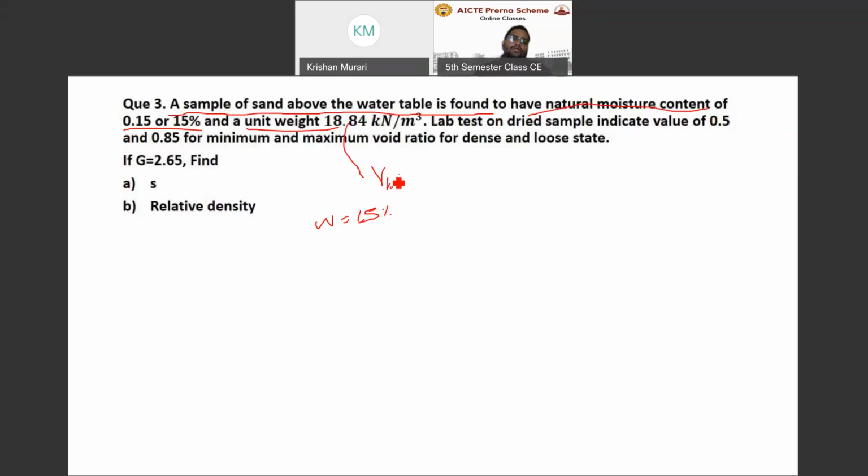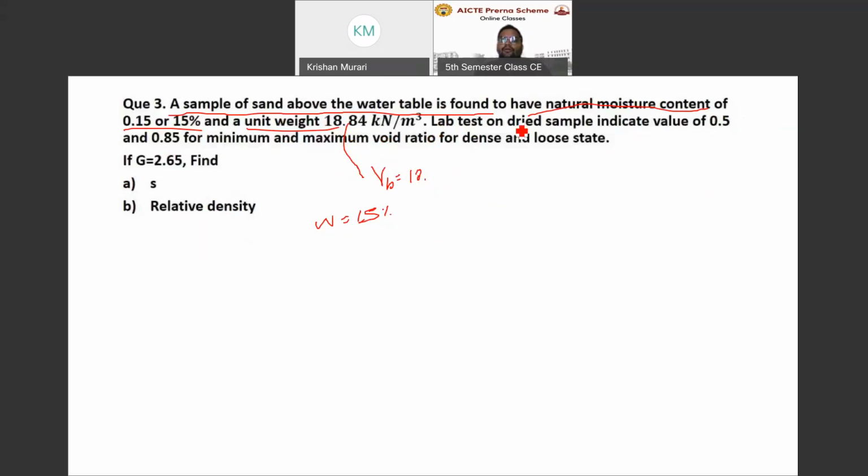If it is not mentioned dry or saturated, then you have to assume that the unit weight of soil is in bulk condition. What is that? It is bulk unit weight. So what is the bulk unit weight? Bulk unit weight is 18.84 kilonewton per meter cube.